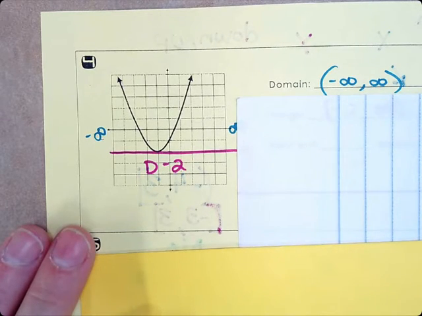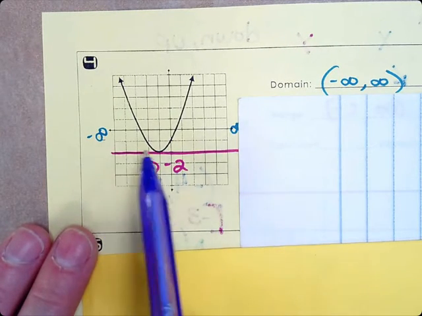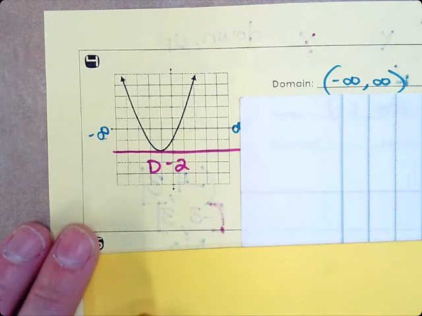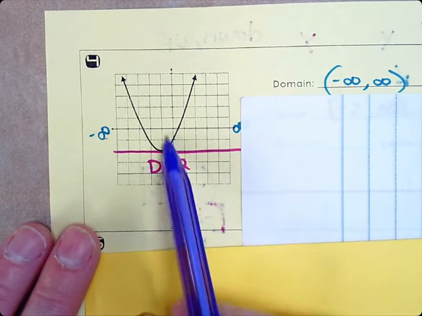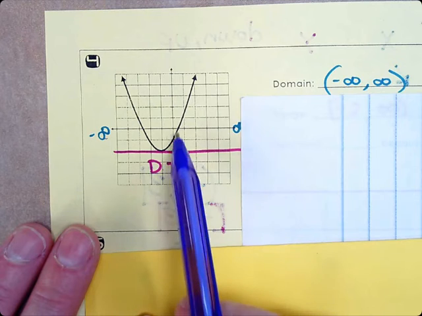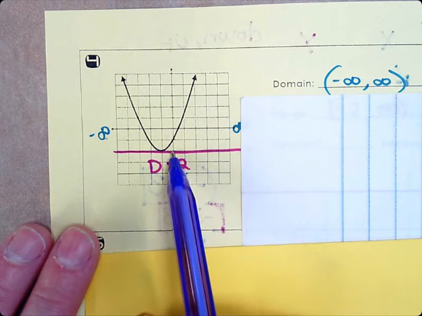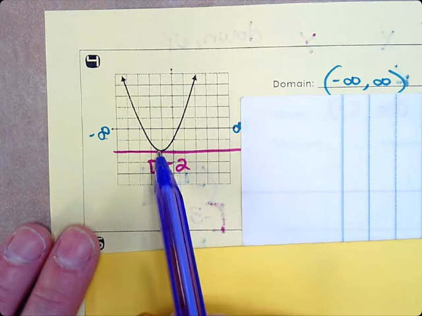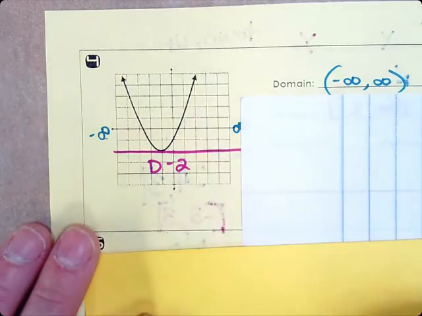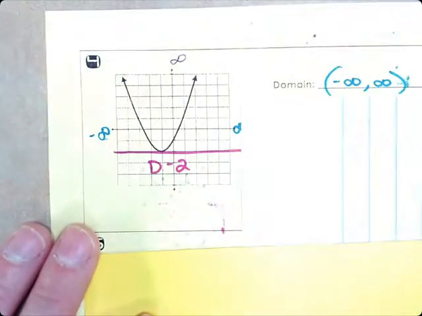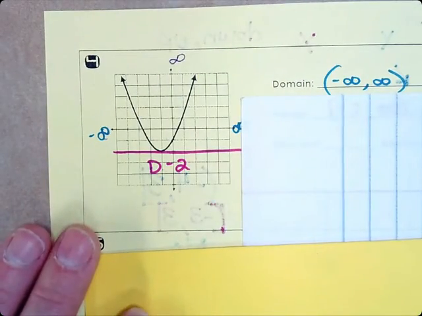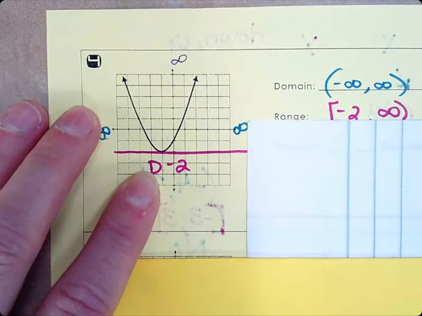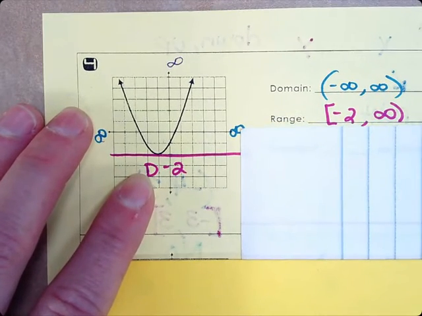Then our range, I can build a fence on the bottom because we go down and up. I can build a fence on the bottom, and that's where y is at -2. But I can't build a fence on top, so this is infinity. So it's -2 to infinity.